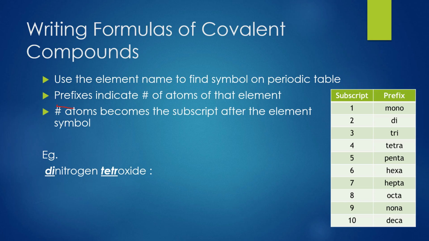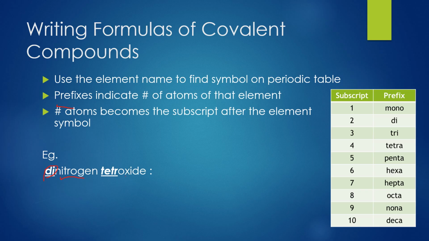An example we have here is dinitrogen tetroxide. The prefixes tell us how many of each, and then we use the names and find the corresponding symbols on the periodic table if we don't already know them. For dinitrogen tetroxide, nitrogen is just a capital N on the periodic table. We would put a subscript of 2 after it due to this di prefix in front.